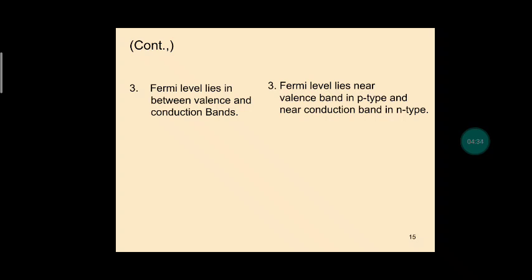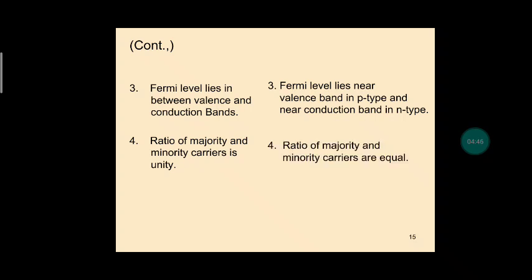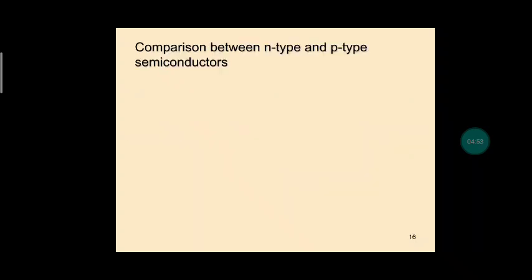In extrinsic, the Fermi energy level lies nearer to the valence band in p-type, and nearer to the conduction band in n-type. In intrinsic, the ratio between majority and minority charge carriers is unity, while in extrinsic the ratio of majority and minority charge carriers is not equal.